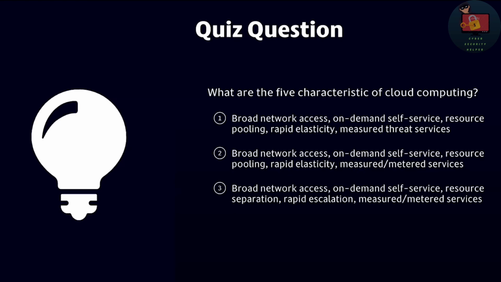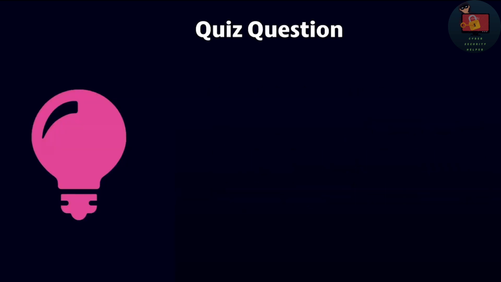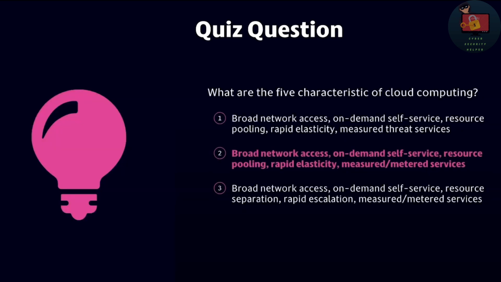C, broad network access, on-demand self-service, resource separation, rapid escalation, or measured and metered services. The answer? B, broad network access, on-demand self-service, resource pooling, rapid elasticity, measured/metered services. Those are the 5 characteristics of cloud computing.